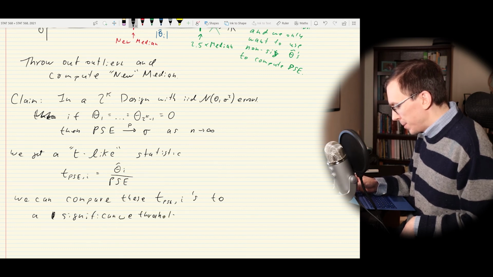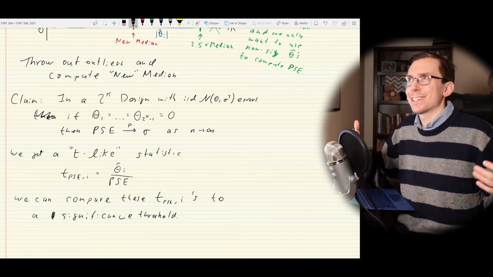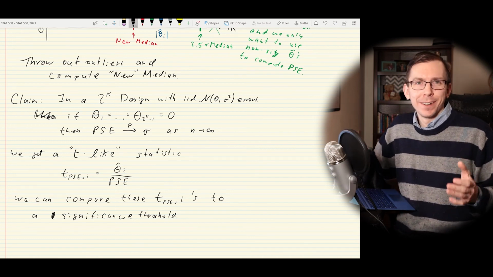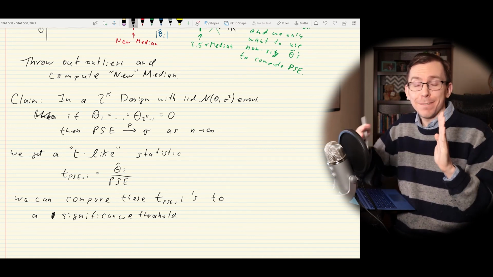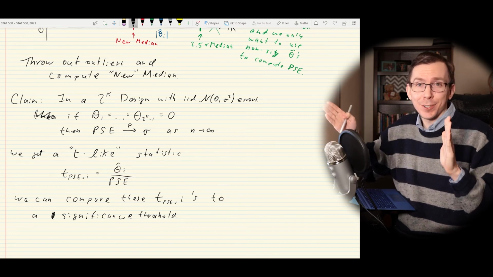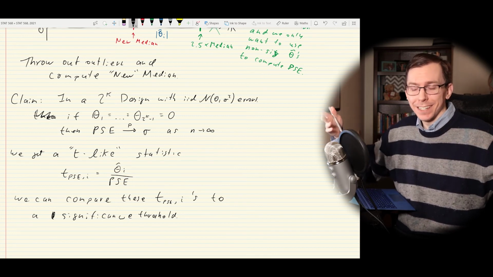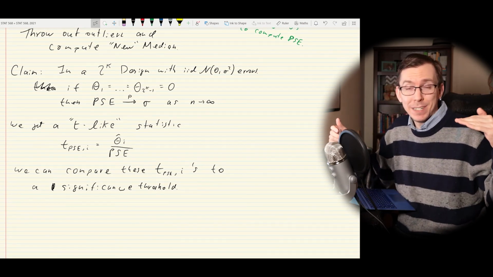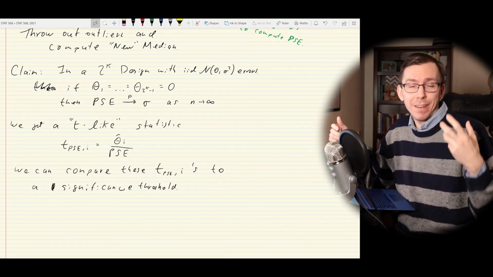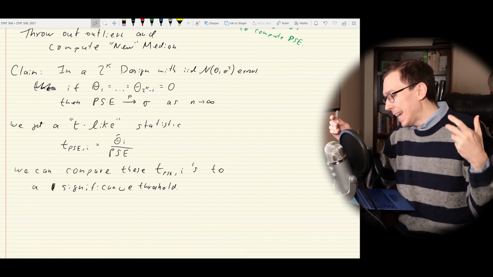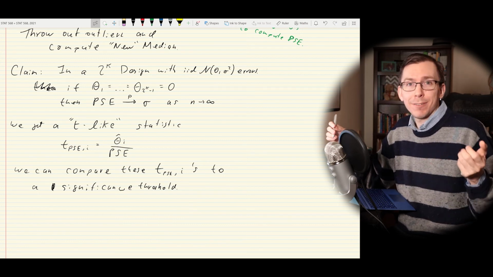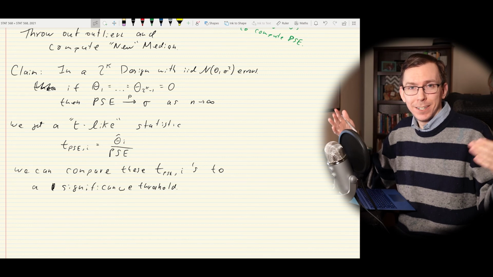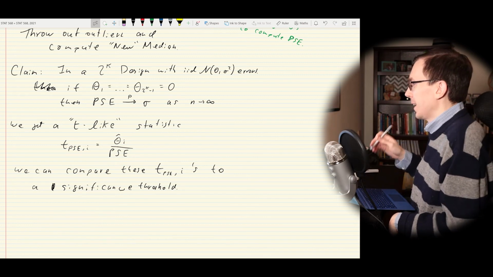So just like we would do with a t-test or a chi-squared test or whatever, we'd pick a threshold and say, if my test statistic exceeds that threshold, it is deemed significant. Reject the null. There is some significant main or interaction effect here. If the estimated effect is not greater than that threshold, then we fail to reject the null. We don't reject the null.